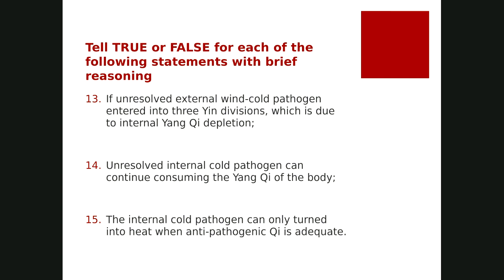Ideally, theoretically, yes, from outside going inside. But once the inside is so empty, so weak in yang qi, they can detour straight away and affect the interior without those external conditions. So this is correct. If external wind cold pathogens cannot be resolved at the Taiyang level and instead go to the three yin divisions straight away, that means you do not have sufficient internal yang qi.